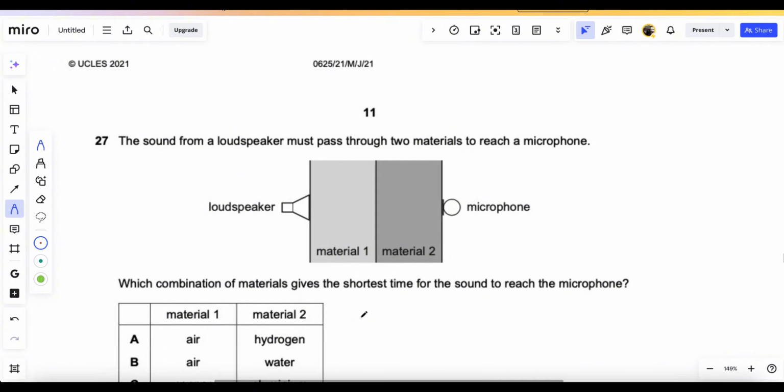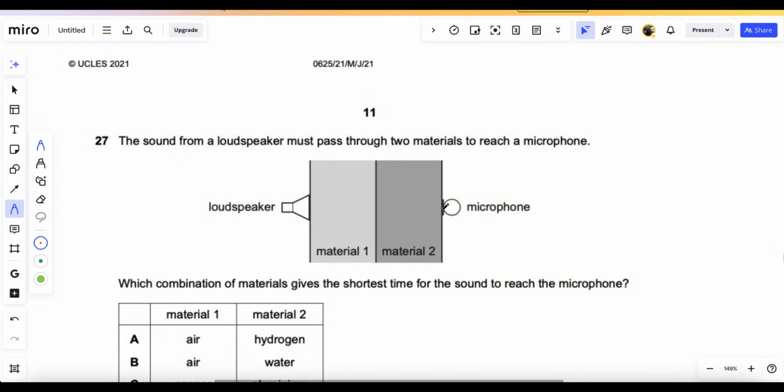Question number 27. The sound from a loudspeaker must pass through two materials to reach a microphone. This is a loudspeaker. This is material 1, this is material 2.